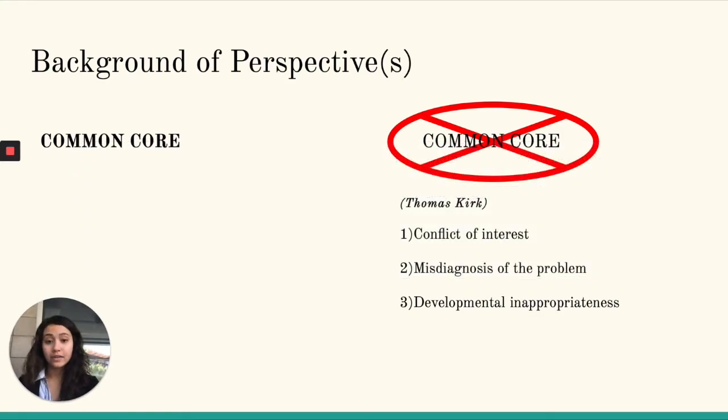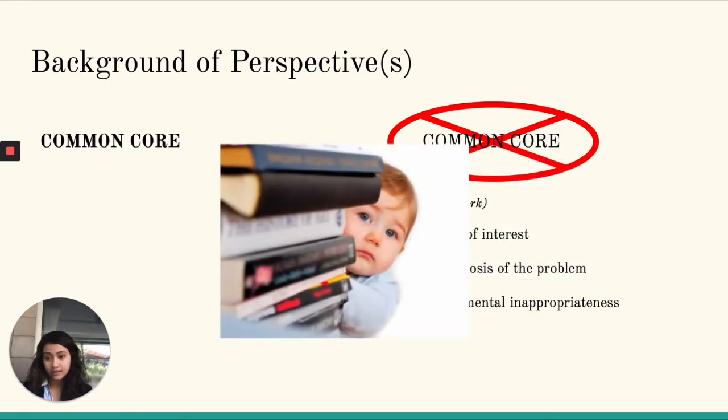The third point is the developmental inappropriateness. So in the past, just as an example, this isn't specific, we had 4th grade learning to 4th grade learning standards. But now, with Common Core standards, we took the highest proficiency that we knew, the highest excelling students, and they thought, okay, everybody can get to this point.